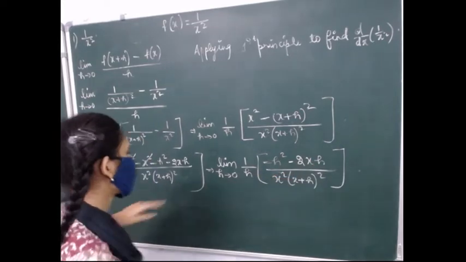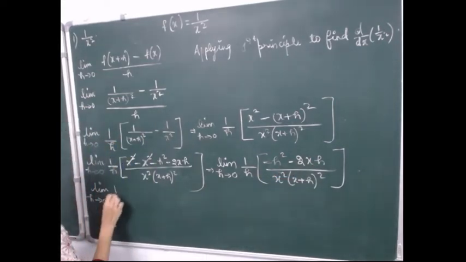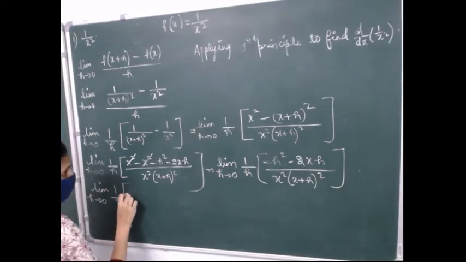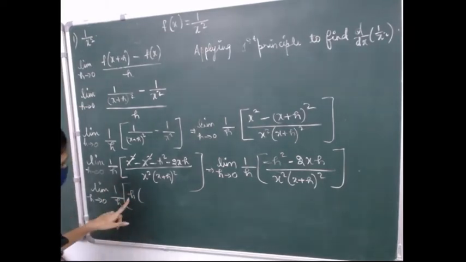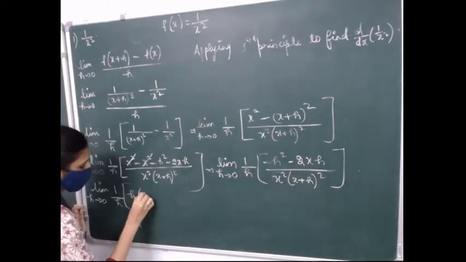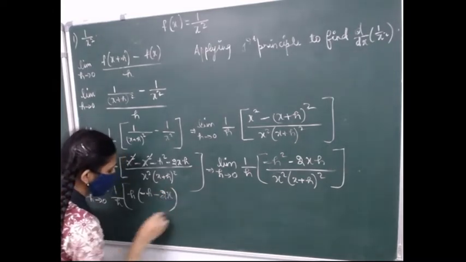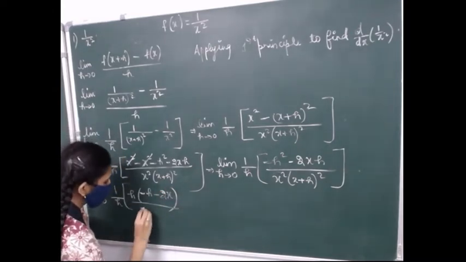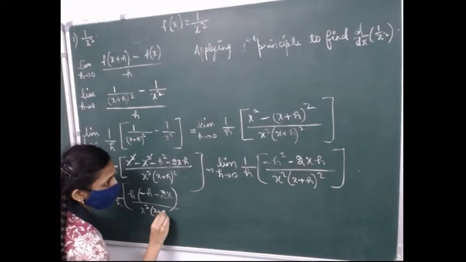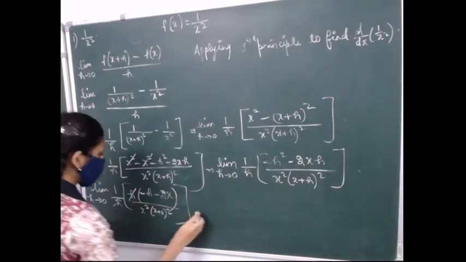So I am taking common. So limit h tending to 0, 1 by h into h. I am taking h. So here negative sign is there. So carefully put the negative sign. So h minus 2x, whole divided by x square into x plus h the whole square. So 1 by h and h get cancelled.